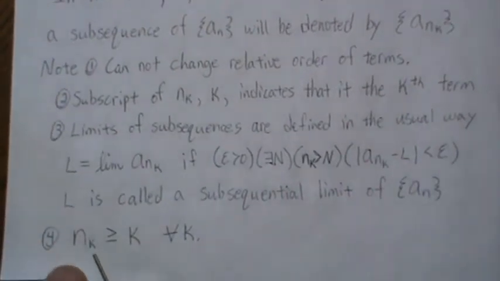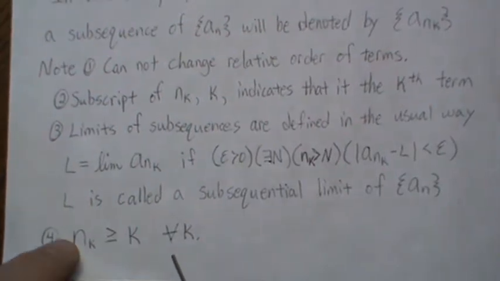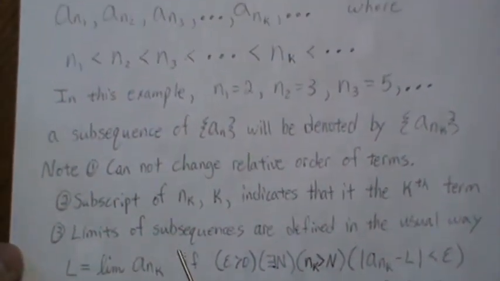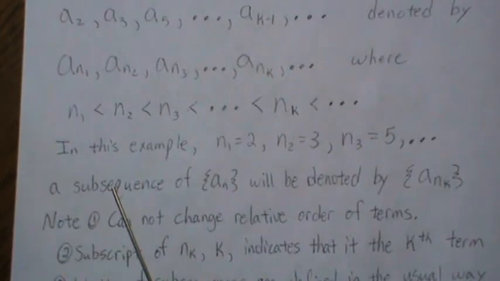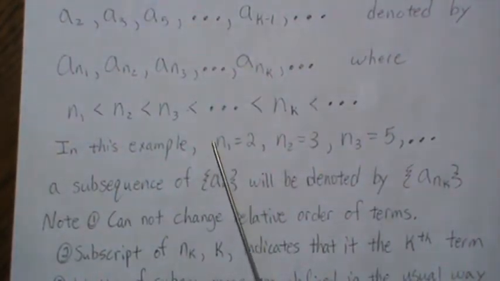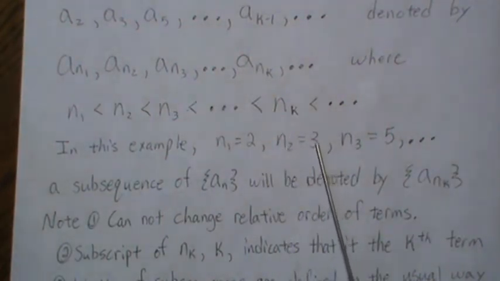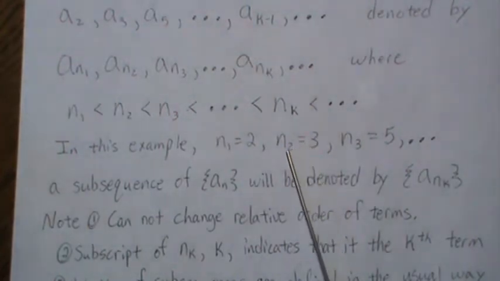Here's another note, that n_k is always greater than or equal to k, for all k. I'll go back to our example here. So this is k. k is 1, but n_1 is 2. k is 2, n_2 is 3. So this number is always greater than or equal to this number.